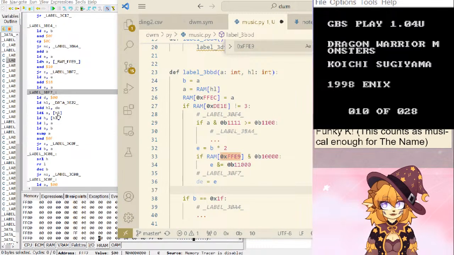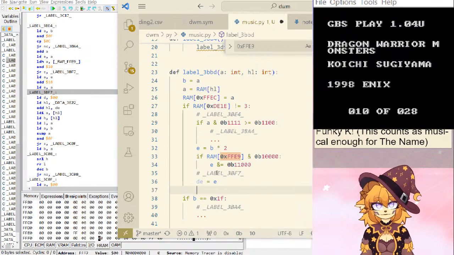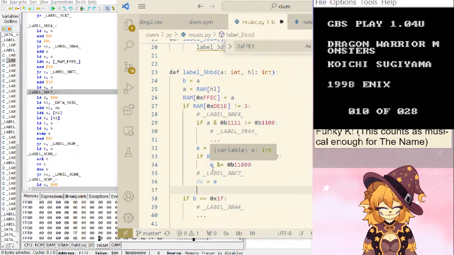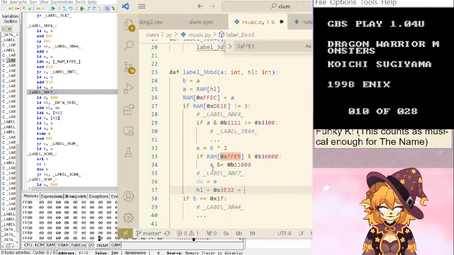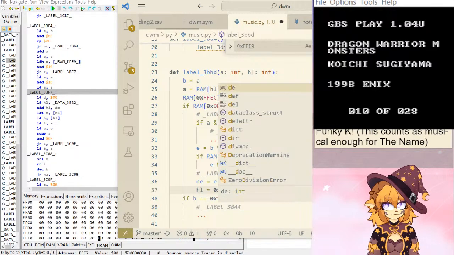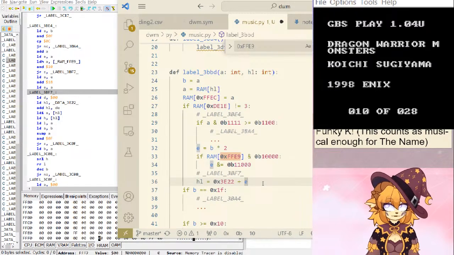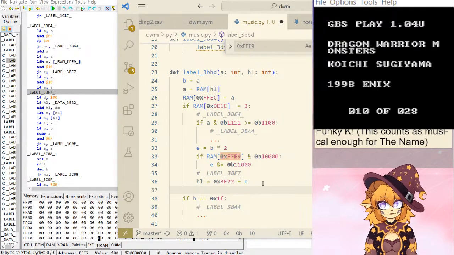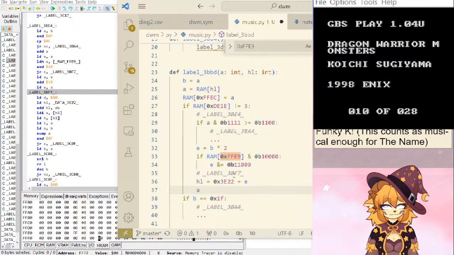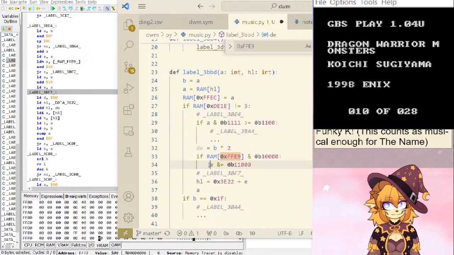That's the D equals 0 here since we need it as DE. HL equals 0x3E22 plus E. I guess we don't really need D. D plus E. A. I always make this DE the whole time too.